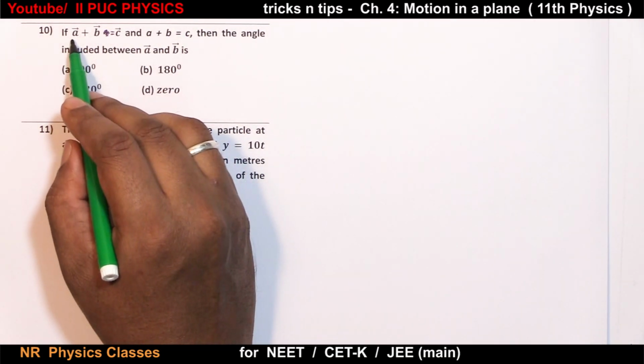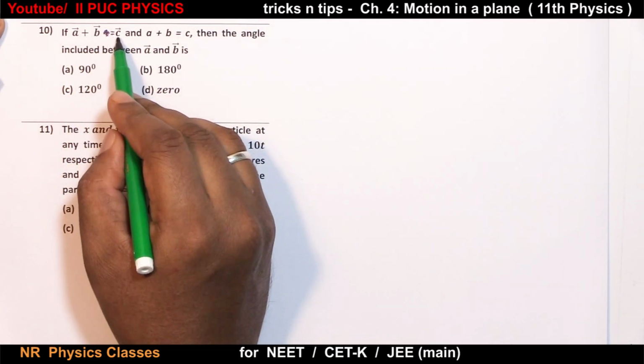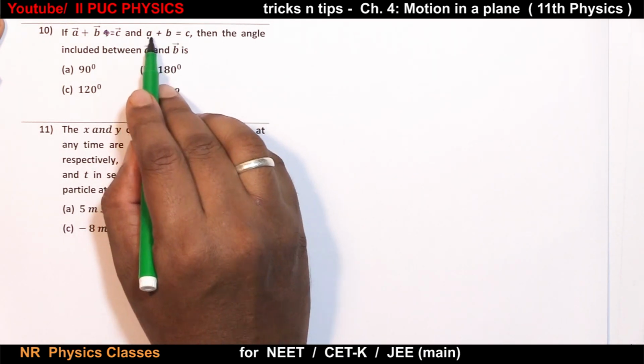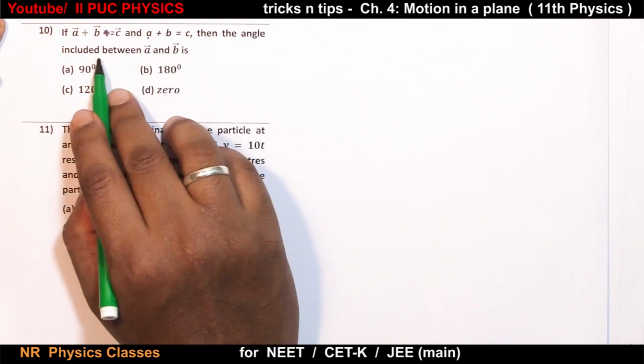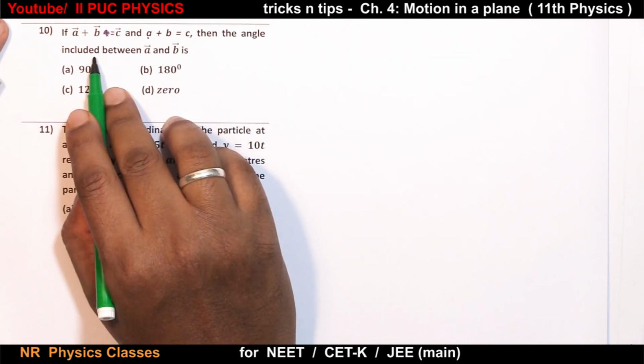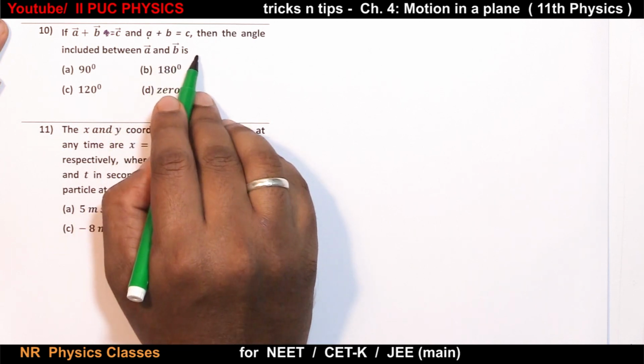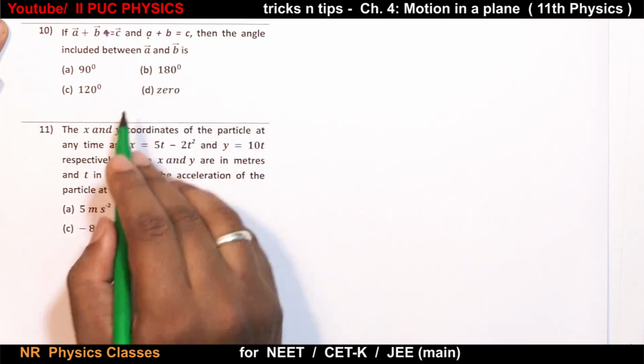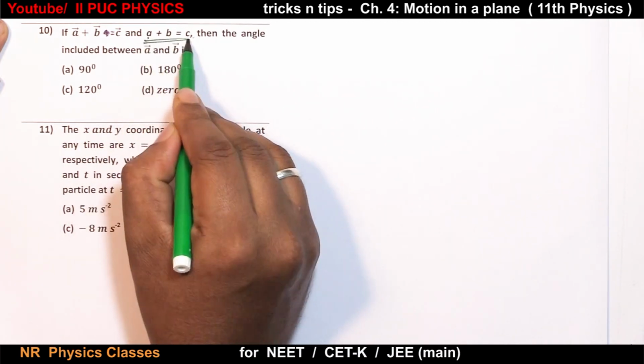If vector A plus vector B equals vector C, and the magnitudes also satisfy A plus B equals C, then what is the angle between A and B? This is a standard result, right?